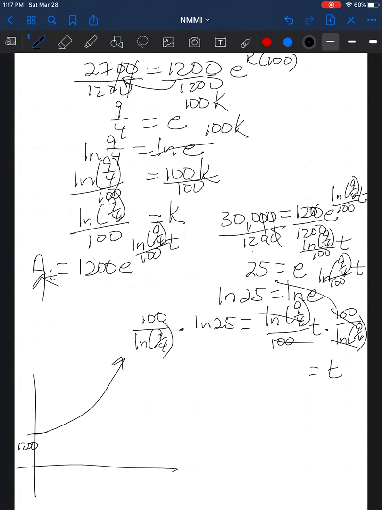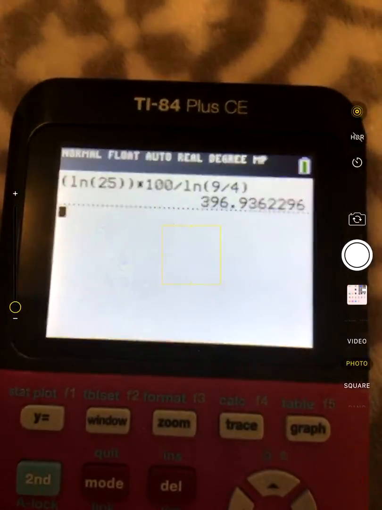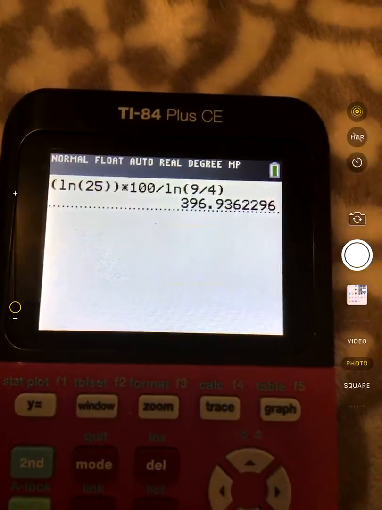Okay, ln times 100, and then that's going to be divided by natural log of 9 divided by 4. Okay. All right. So let me show you what this looks like. The first line is what I entered in the calculator. And the second line is when you hit enter.